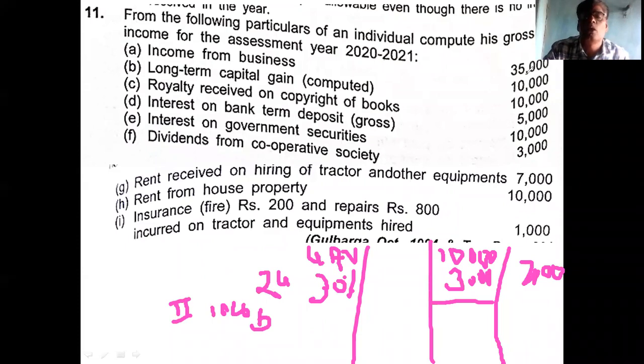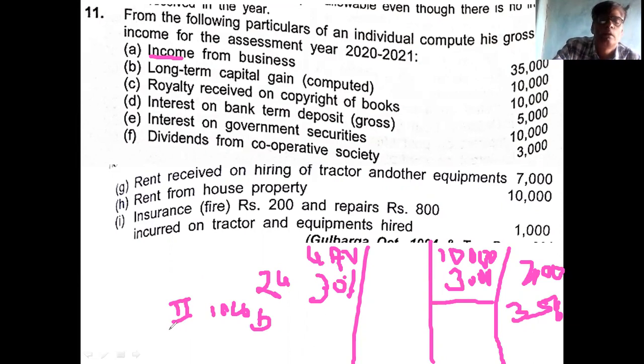Income from business is 35,000. The computed value is given in the problem directly, so there is no calculation. You take 35,000 in the outer column.